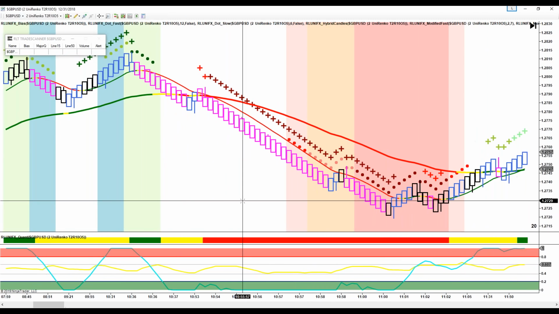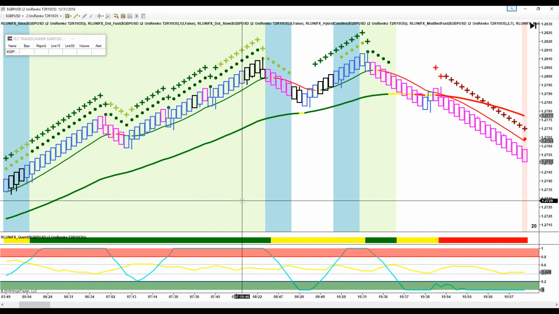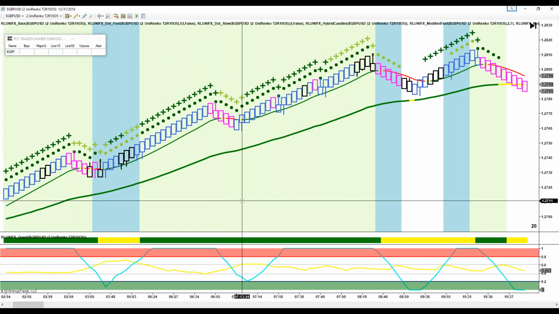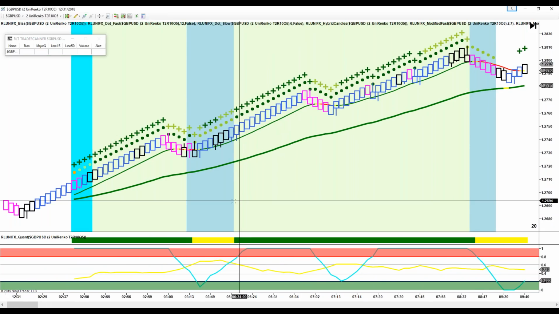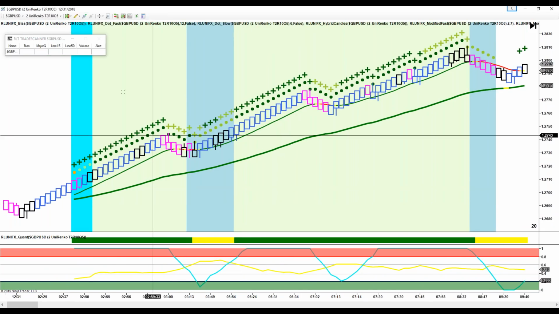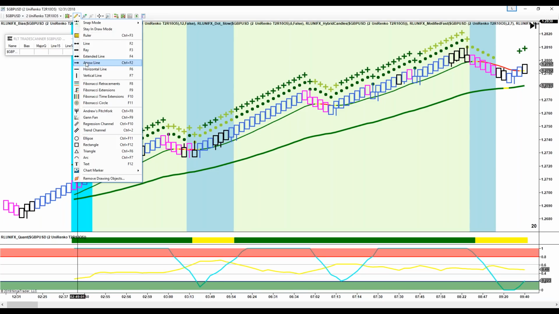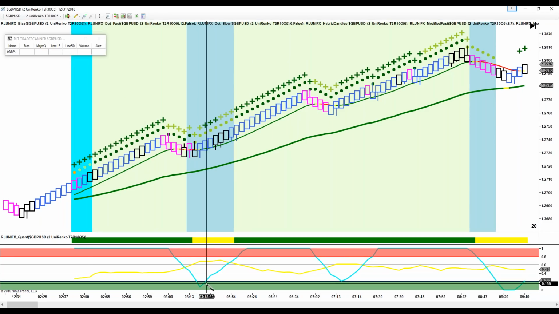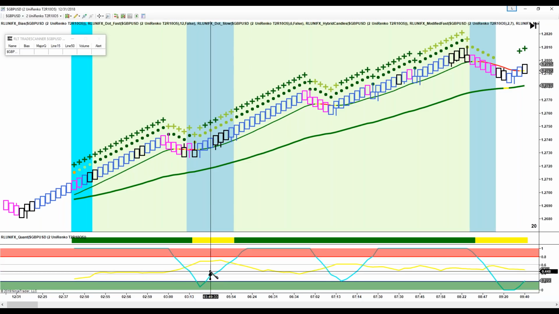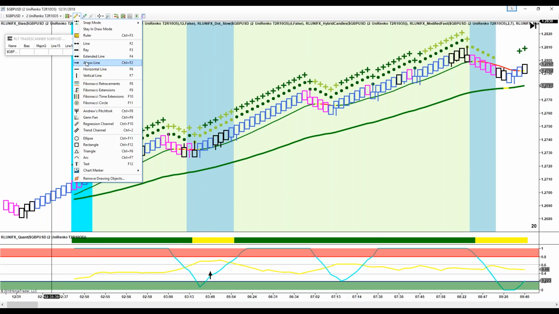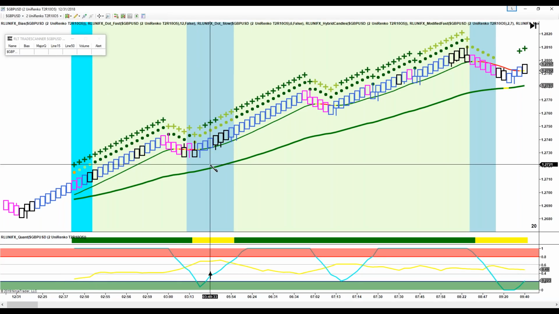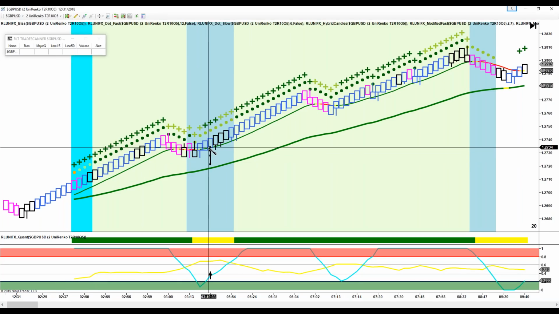But it's going to give you incredibly good entries. And let me find you one. Like right here, you're going to get an up right here. One candle over, you're going to get an arrow. So the system is going to tell you that the oscillator is telling you to go long right here.